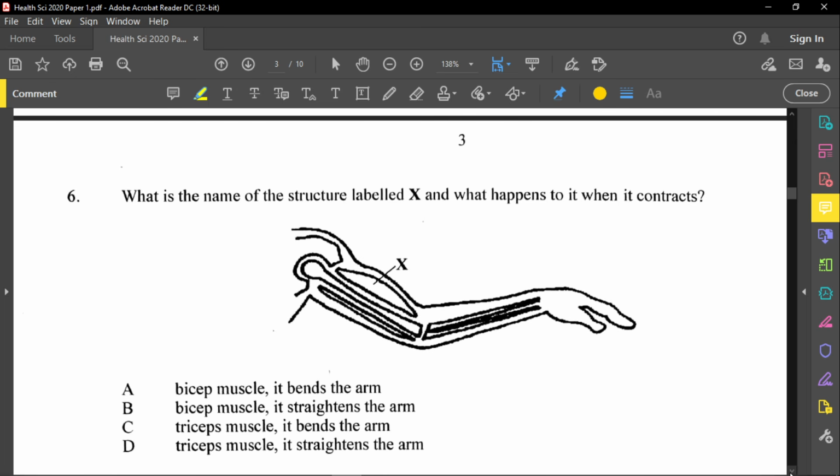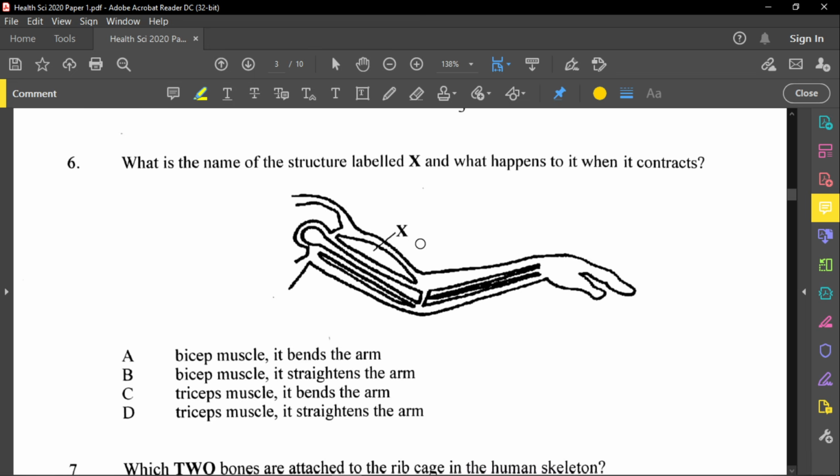For question number 6, it said, what is the name of the structure labeled X and what happens to it when it contracts? Point to note, this is the arm, and the muscle in front of it is the bicep. So X will be the bicep.